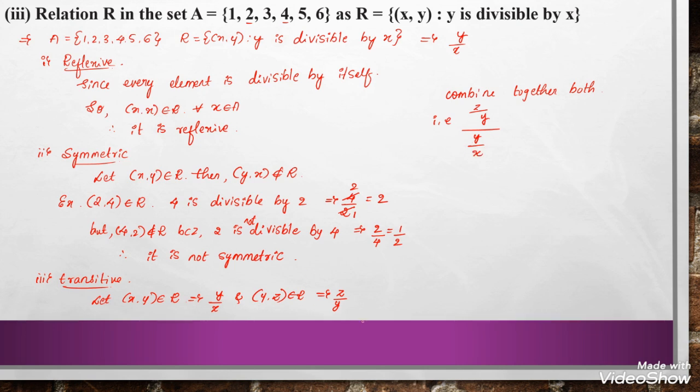By the second element divisible by the first element, y gets cancelled. We will get the result z by x.